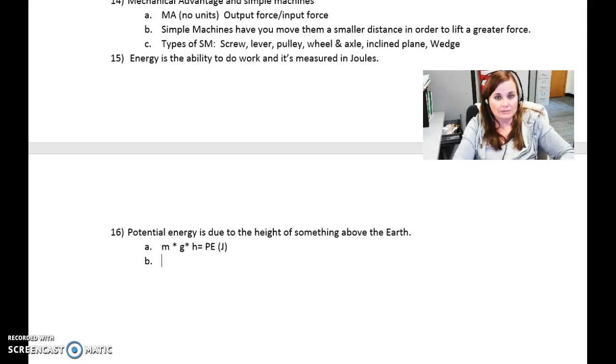Kinetic energy is due to the object's motion. The faster an object is moving, the more kinetic energy it's going to have. So it's going to hit something harder, and it's going to apply a greater force. So kinetic energy is equal to 1/2 of the mass of the object times the velocity of the object squared, also measured in joules.